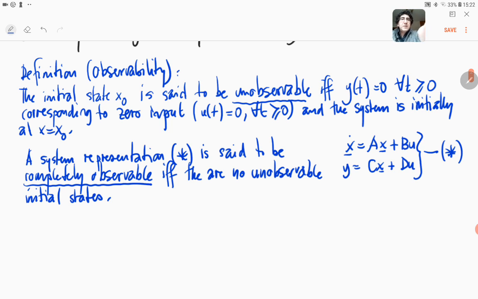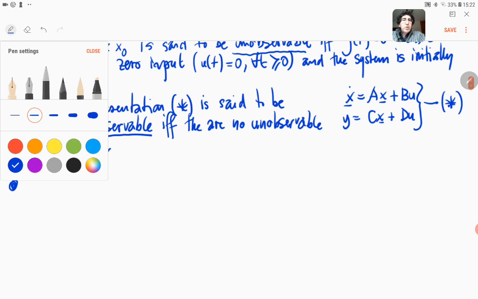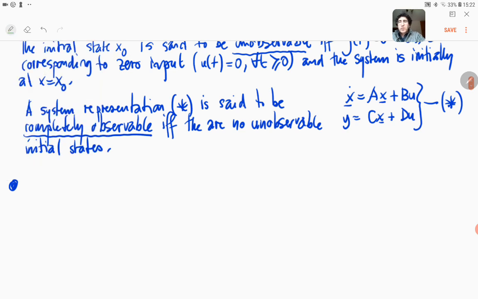Let's also make the theorem that defines how we can actually determine observability. So theorem, the observability theorem.